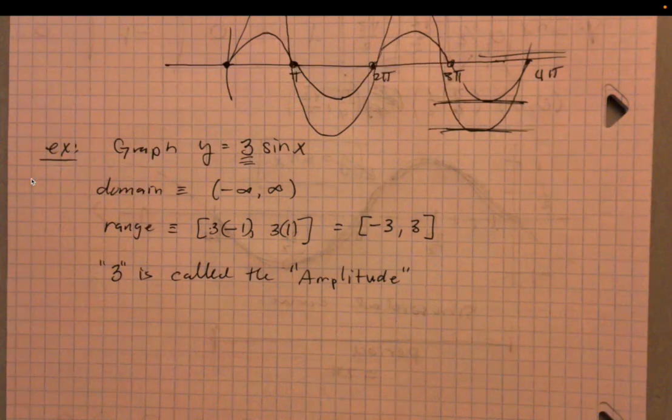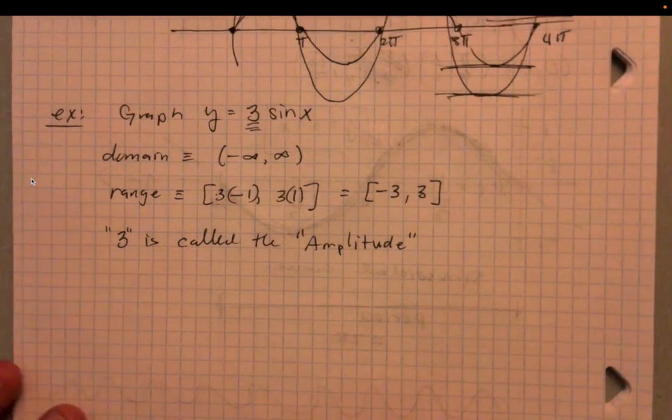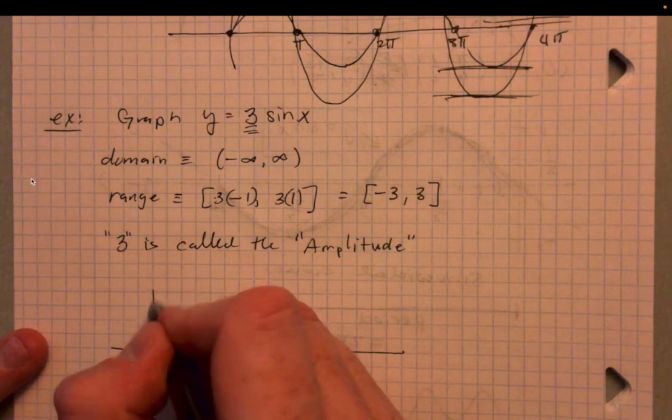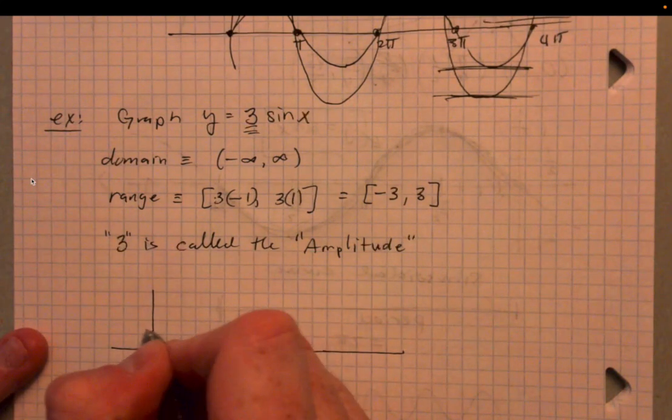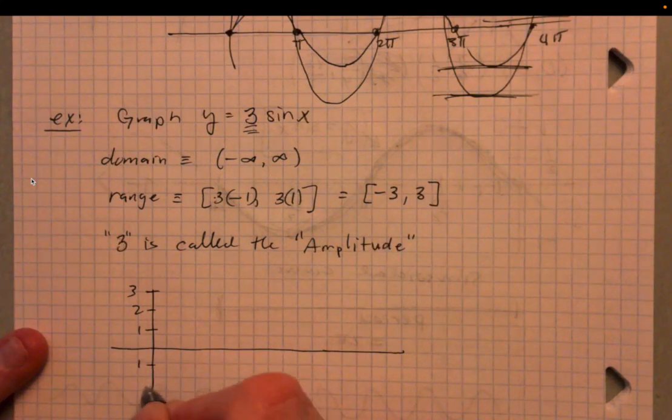But just to make this example a little more interesting, we want to throw a little something else on it. Otherwise, we're literally drawing the same picture that we did on the previous page, right? And so we can think of our sine function as, you know, this is 1, 2, 3, and it's going to occupy the same basic space. I'm going to start at 0.